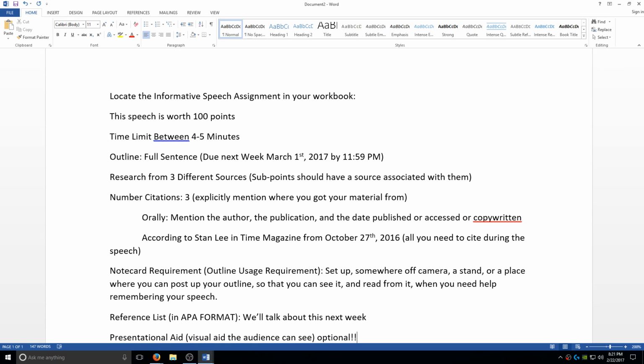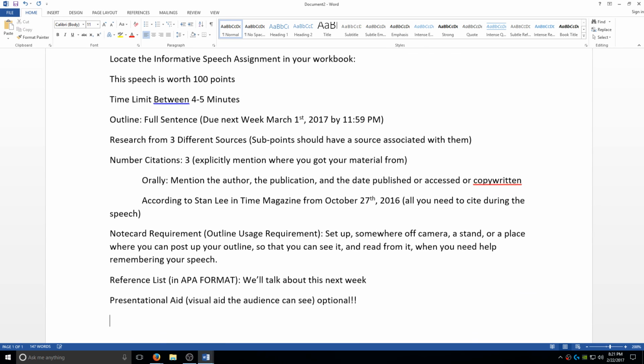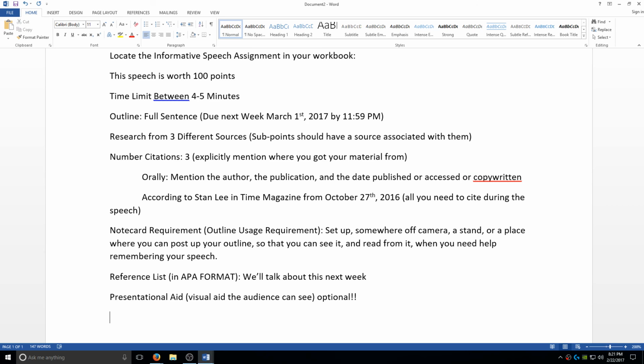If you have a poster or a picture that you want the audience to see, you can print it out and put it on some kind of a stand, or if you have a wealth of technology, you have one laptop where you're recording from, and another laptop where you can have the screen show in the camera so that you can go through a PowerPoint or whatever. That's fine, but again, all of that is optional. You don't have to worry about it.